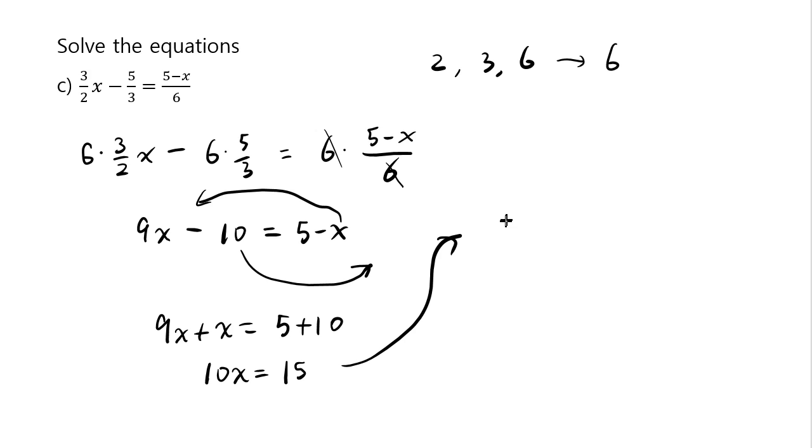And you can divide by 10, which gives you, well, it's 1.5, but I like fractions better because fractions give a sense that the number you're writing is exact. And I see that both top and bottom are divisible by 5. 15 divided by 5 is 3. 10 divided by 5 is 2. So the answer is 3 over 2.